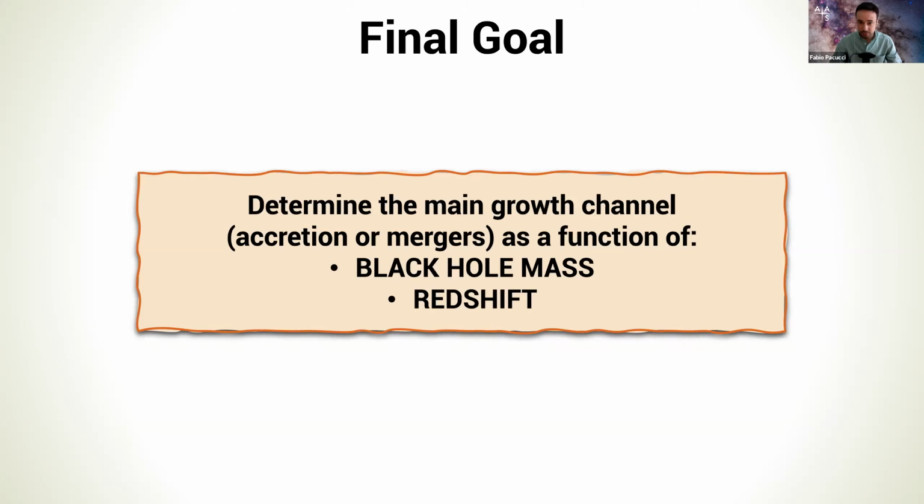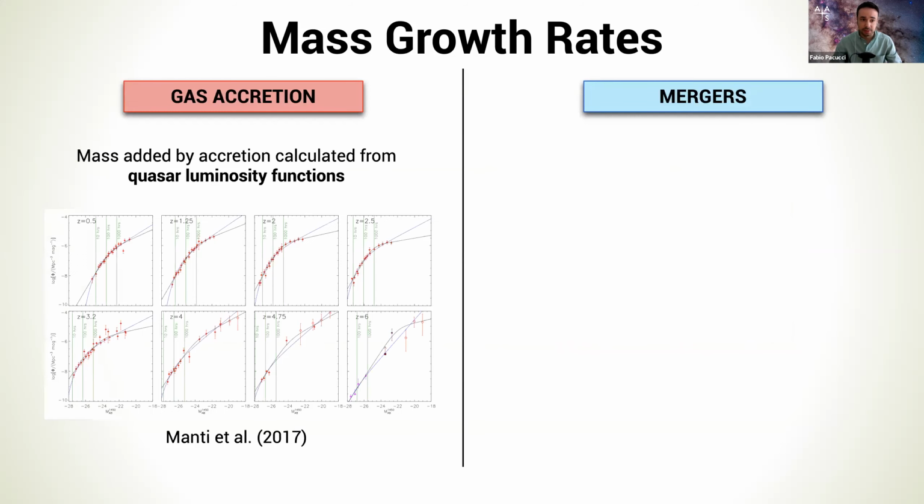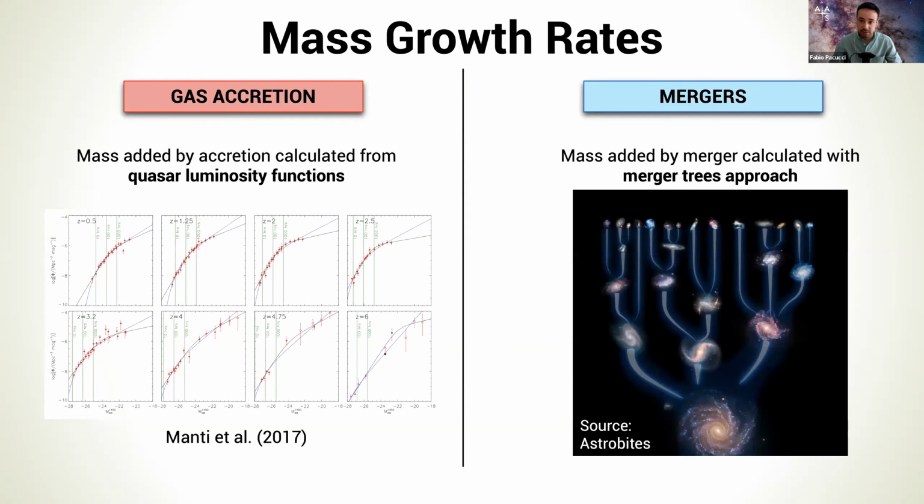Unfortunately, I don't have time to go into the details of the model, but I just wanted to give you a very brief idea about how we compute mass growth rate, but please feel free to ask me questions later on or read our paper. The mass added by gas accretion is calculated from the quasar luminosity function. This is an approach very similar to the Soltan argument that is well known. Instead, the mass added by mergers is calculated with a merger tree approach.